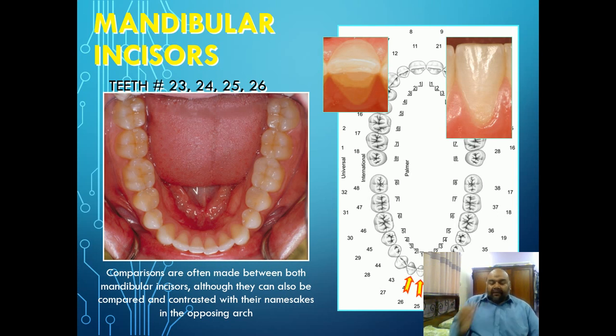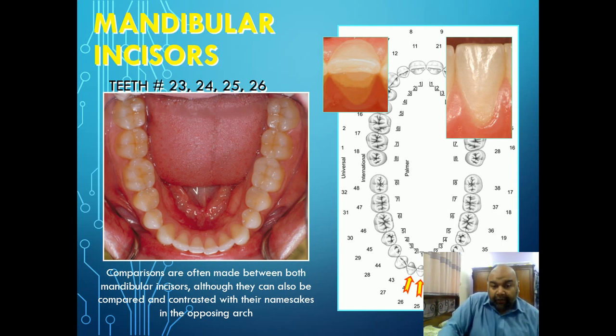Okay, so now we start off with the first part of this online session, and that is the description of the mandibular incisors. The mandibular incisors are shown here. There are four teeth in number, and I have written here their universal numbers, because students find difficulty in memorizing these numbers.